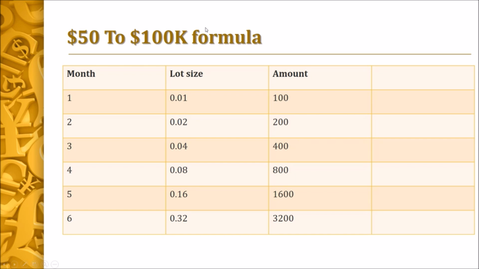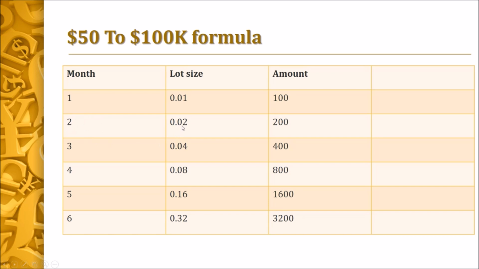So, on the first month, we are going to use 0.01 multiplied by 500 pips, that is our goal, we'll get $50. Adding $50 to our initial $50, that means we'll end that month with $100.